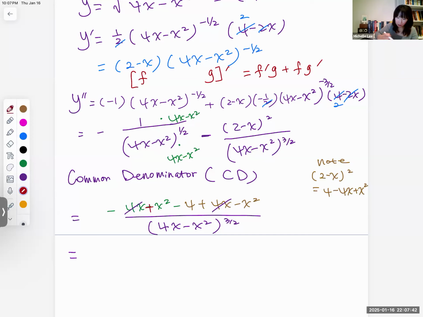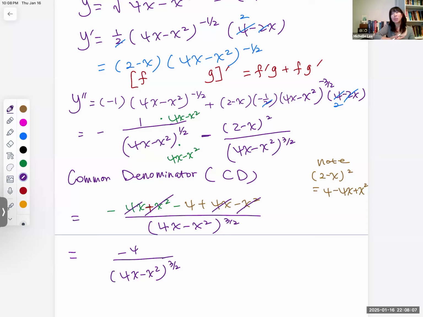Then we can simplify. We have just a negative for that? So we have negative 4 over 4x minus x squared to the 3 over 2 power.